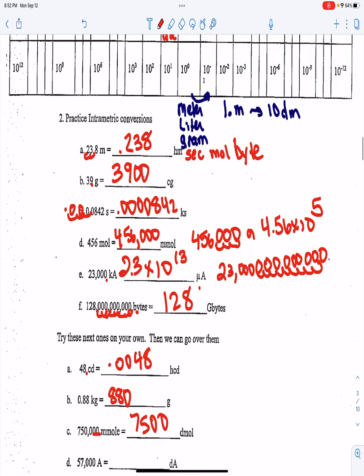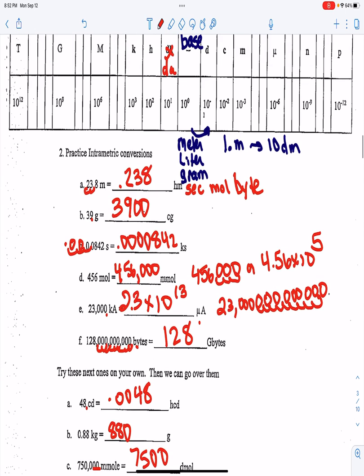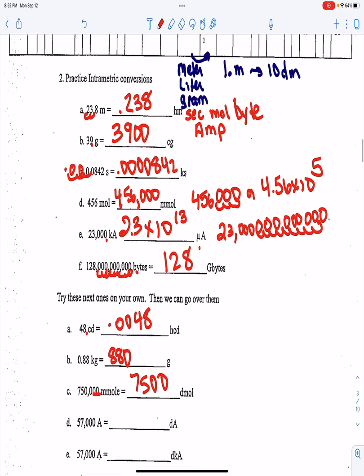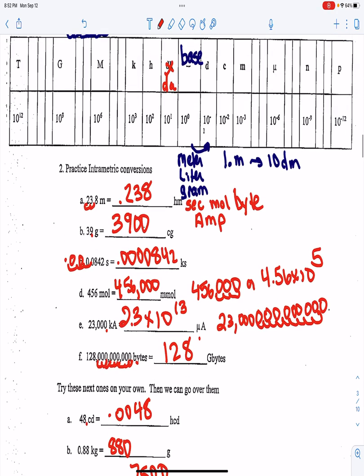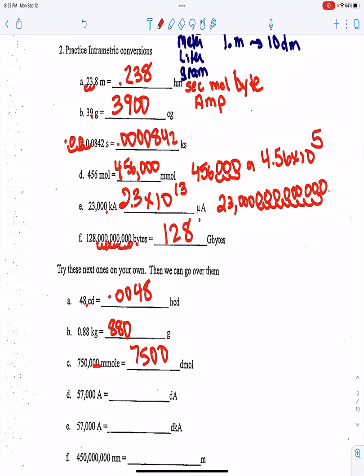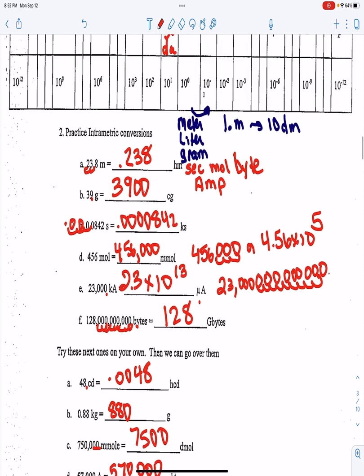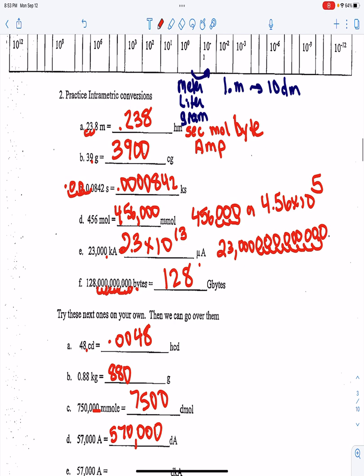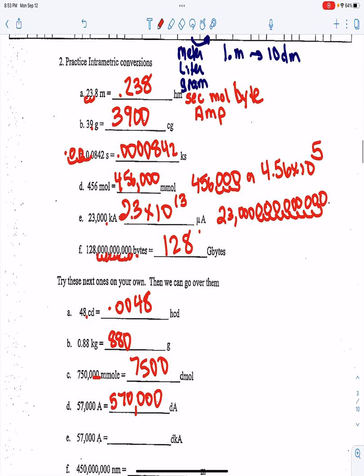And A is an amp. So now we're going to go from the base. So that could be an amp. And we're going to go from the base to a deci. So we're going to move it 1 place to the right. So that's going to be 570,000 deciamps.